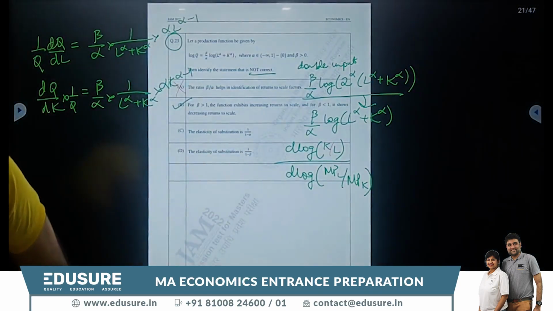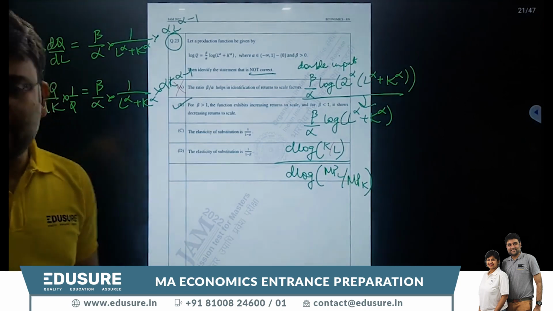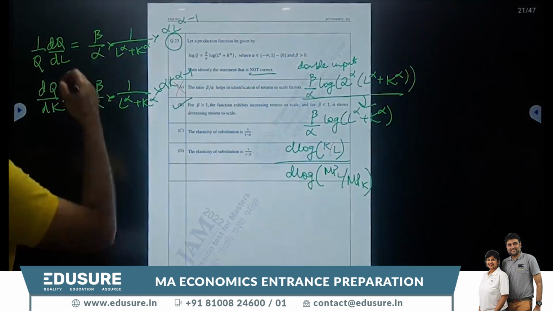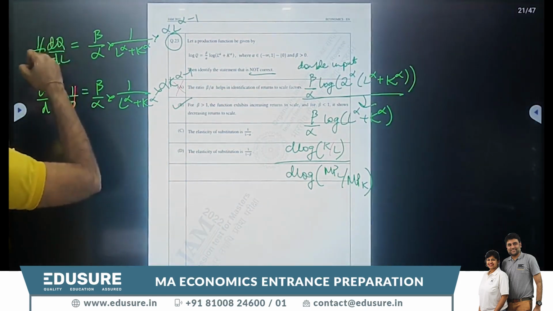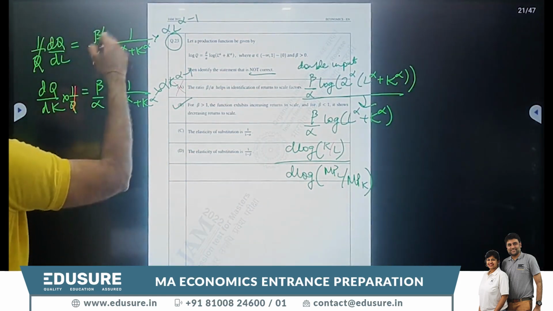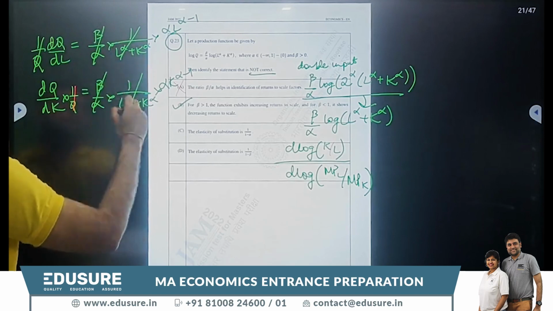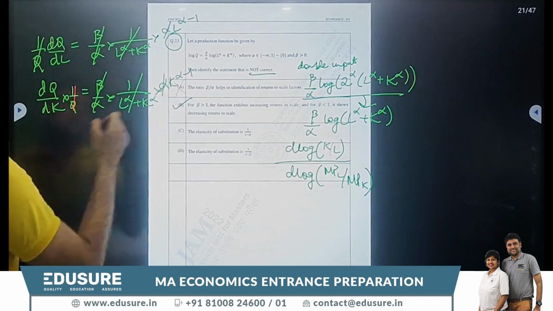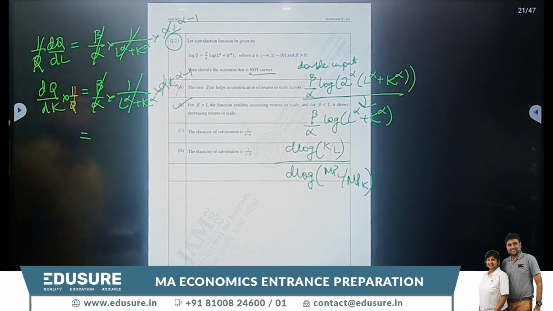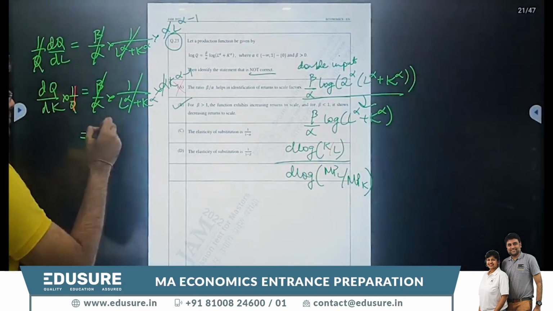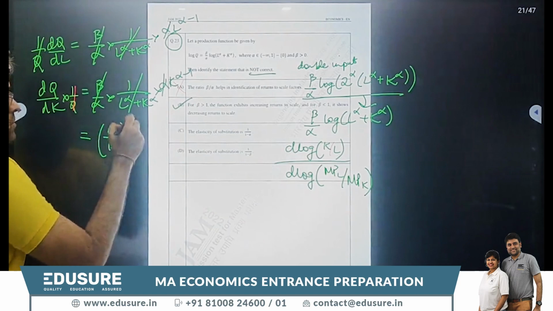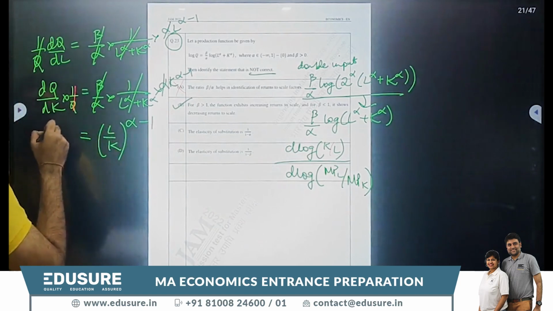Okay. So what will this be? MPL by MPK I need. So this basically cancels out. This cancels out. Alpha cancels out. Ultimately, I'll be left with L by K to the power alpha minus 1.